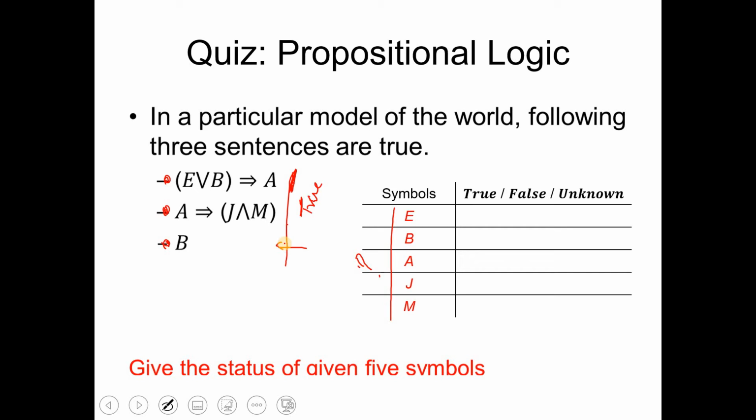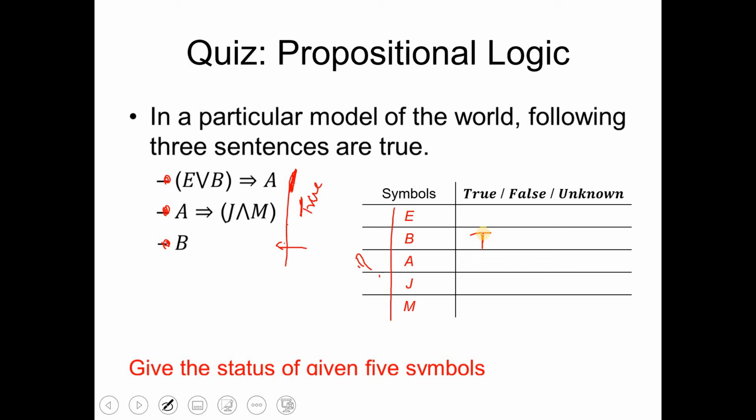So when the B input is true, only then this sentence is correct or true. So B will definitely be true, because we already said that these three sentences are true. If the following three sentences are true, what will be the 5 symbol values? So the B value will be true.